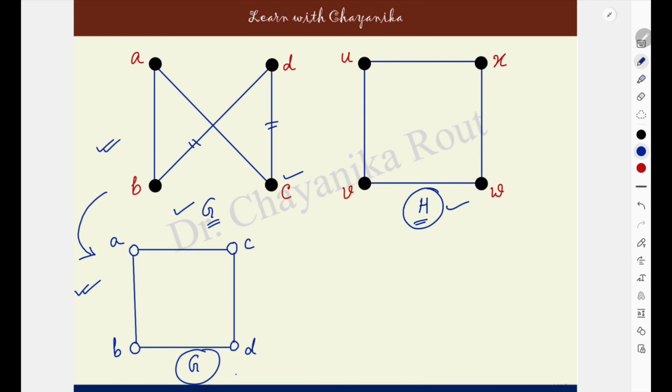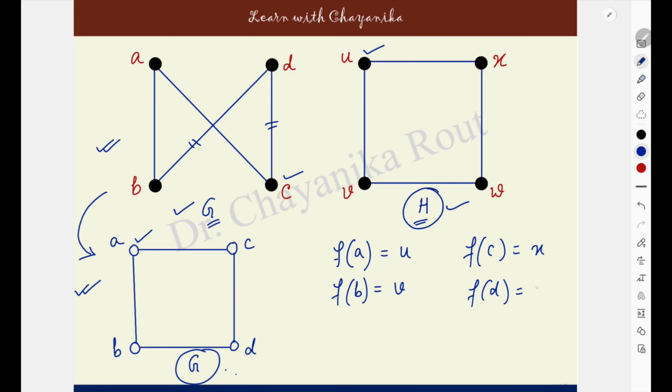So I can now map every vertex of the graph G to a certain vertex of the graph H. For example, the vertex A of the graph G can be mapped to the vertex U. So as per the two figures of G and H, I will just see which vertex of G is acting as an image to which vertex of H. So I can see the vertex A in G has the image U in H. Similarly, the vertex B in G has the image V in H. C has the image X and the vertex D has the image W.